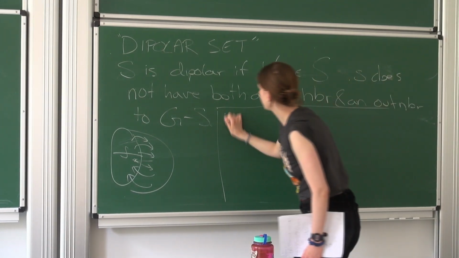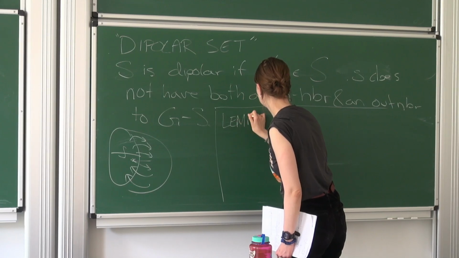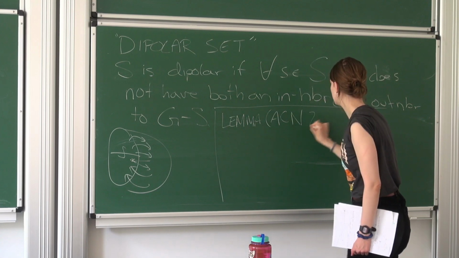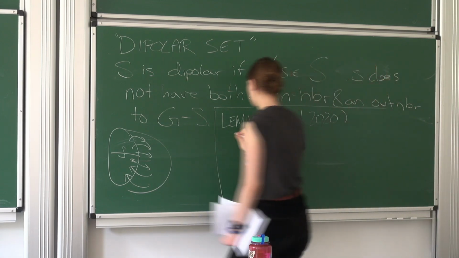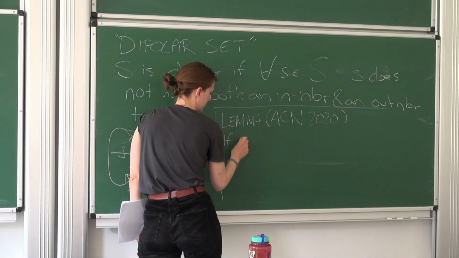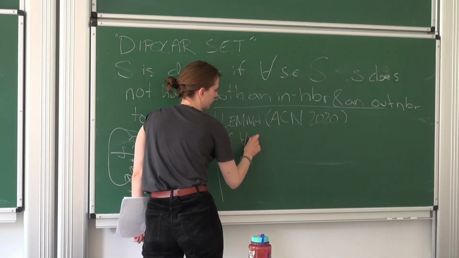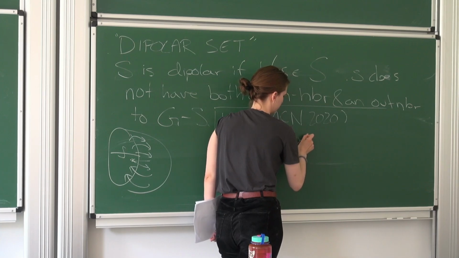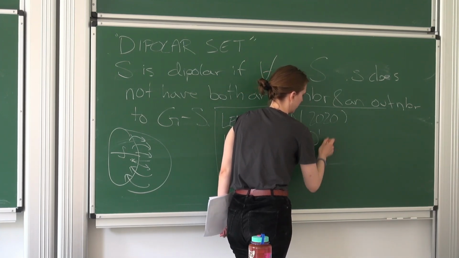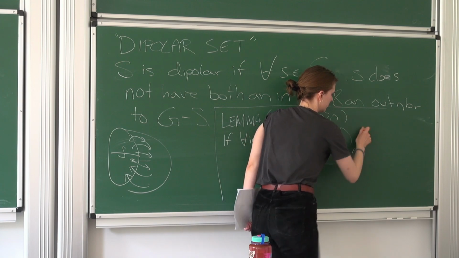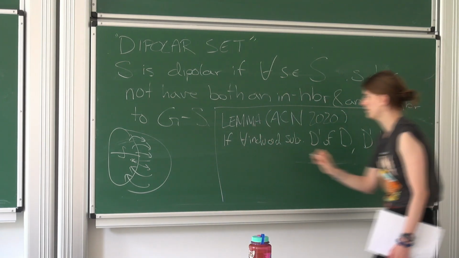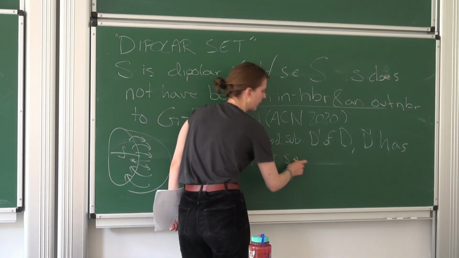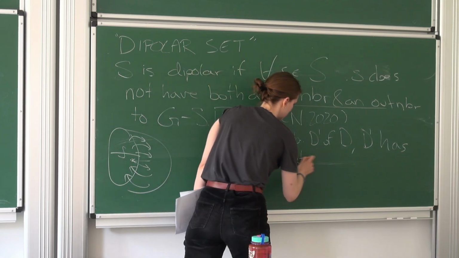And so there is a lemma by Aboulker, Charbit, and Naserasr from 2020 that for all induced subdigraphs D' of D, if D' has a dipolar set with bounded dichromatic number, then the whole thing is bounded.